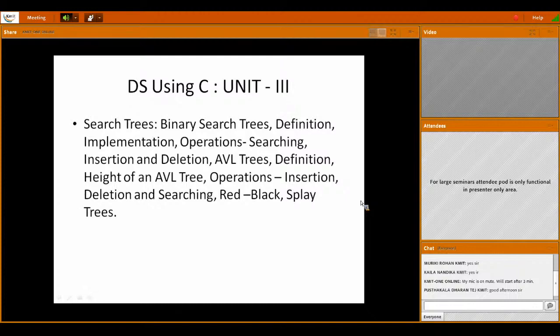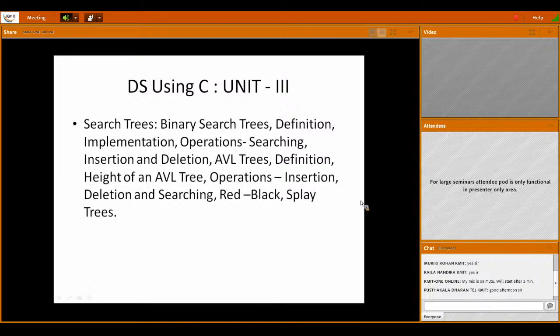is a doubly linked list, which we have covered a couple of days back. Now, the Unit 3 search tree, basically binary search tree: definition, implementation, operations, searching, insertion, and deletion.